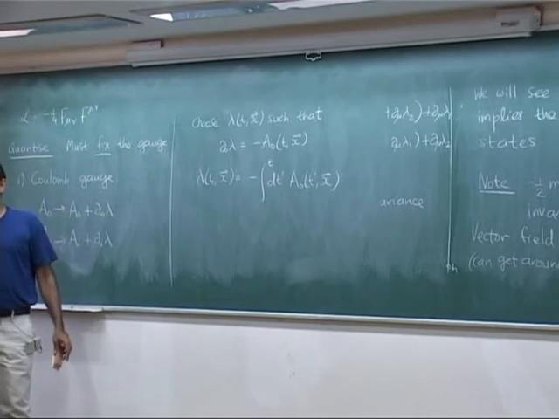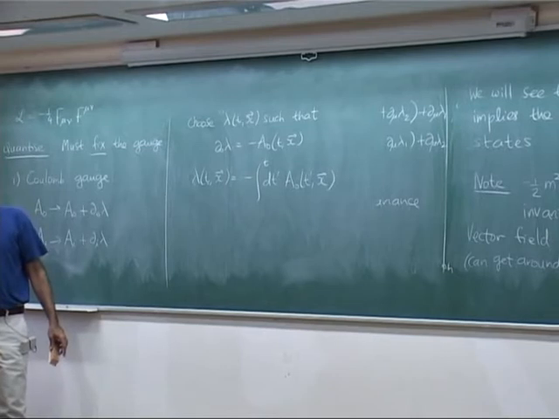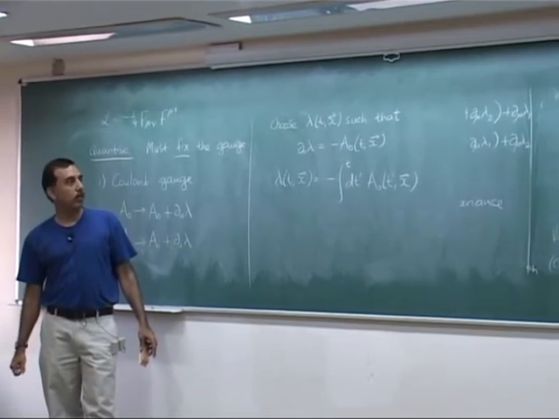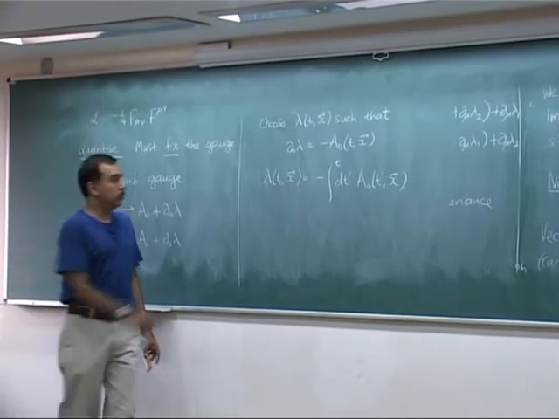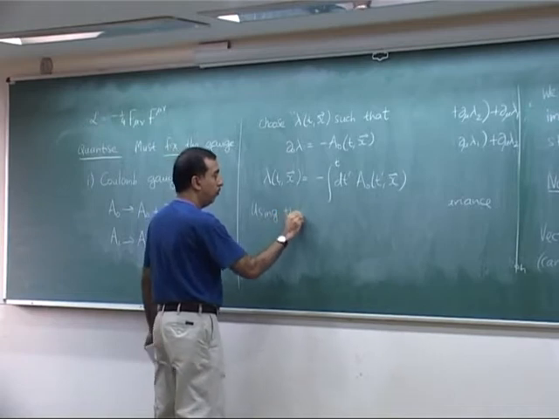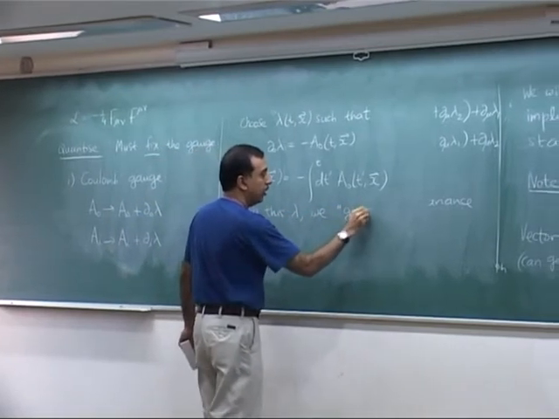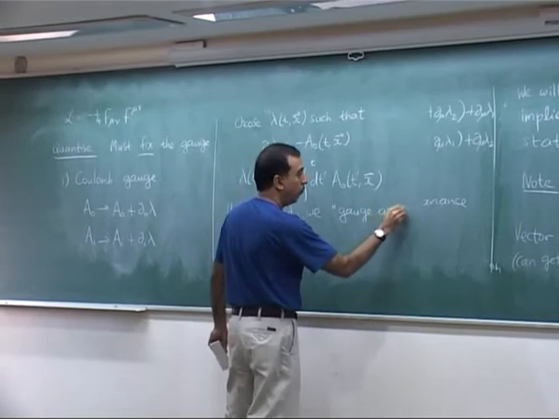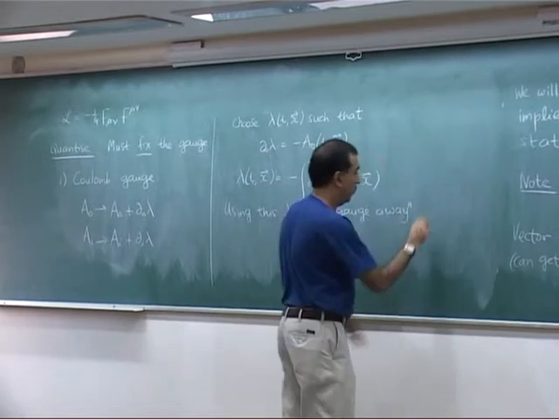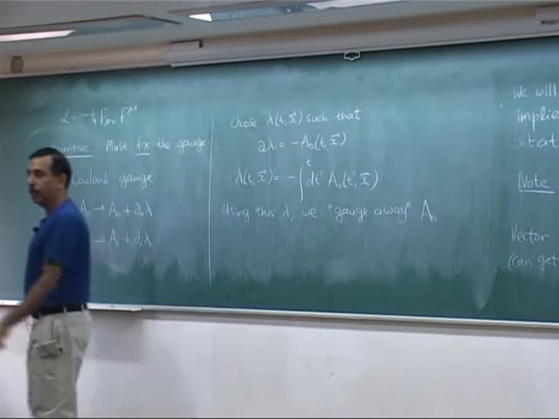Lower limit doesn't matter. If I differentiate this, I find that del 0 of lambda is minus A0. Okay. So using this lambda, this is a common usage, we gauge away A0. Set it to 0.